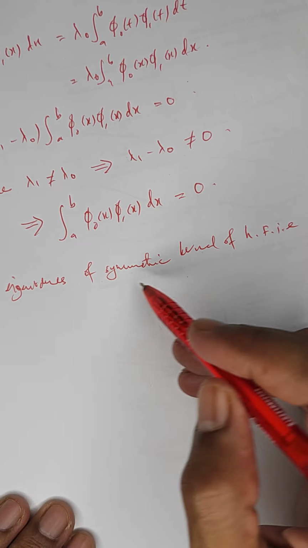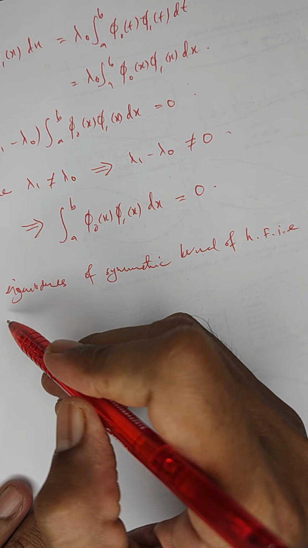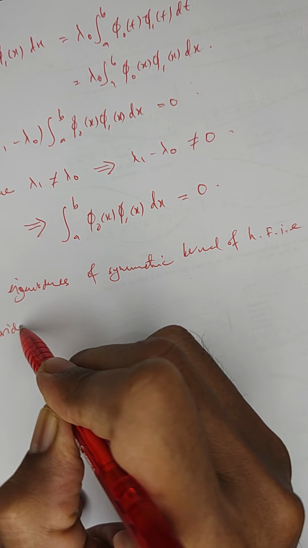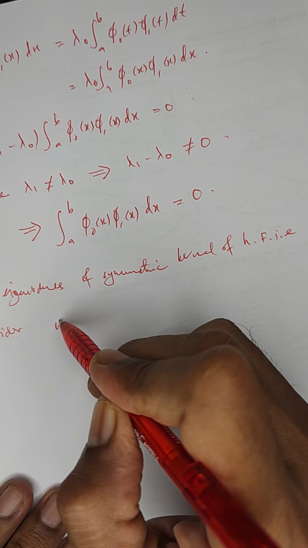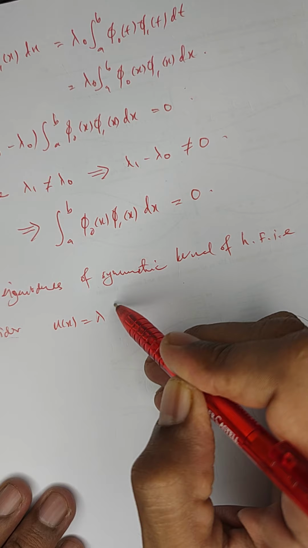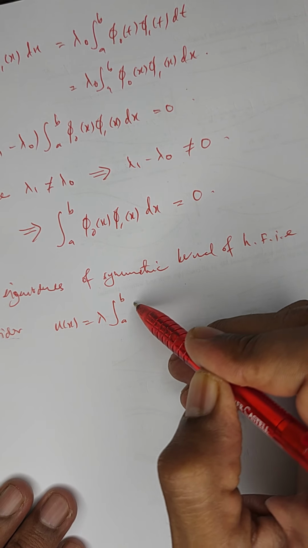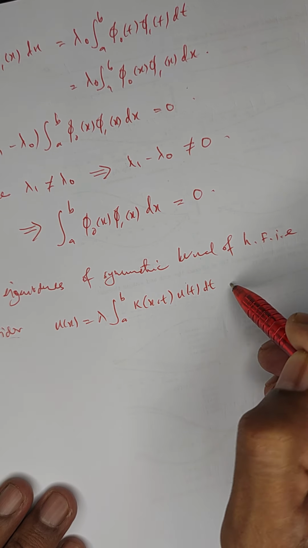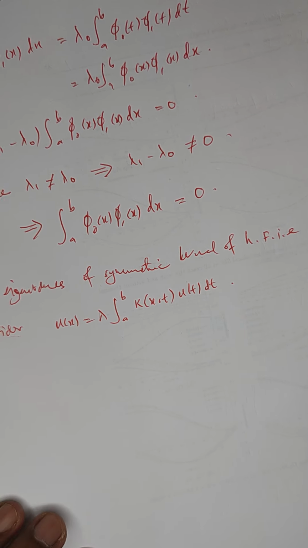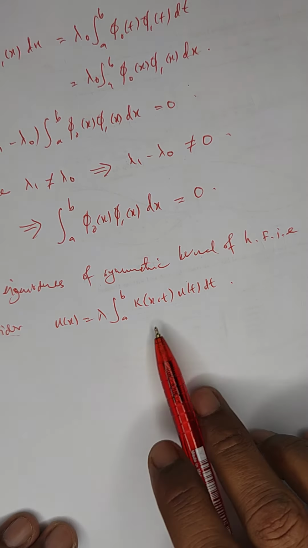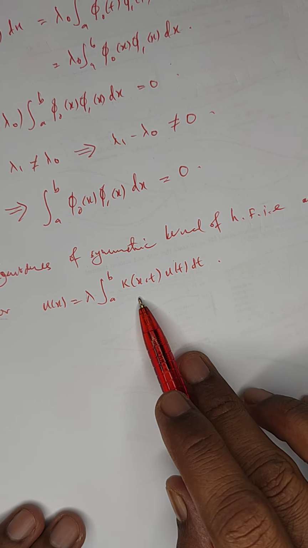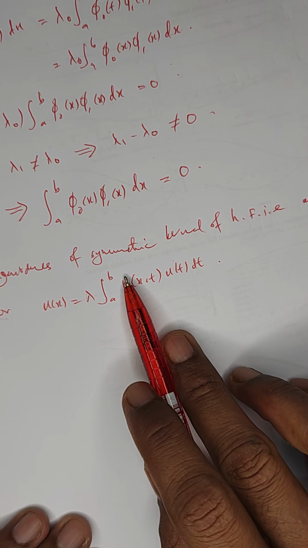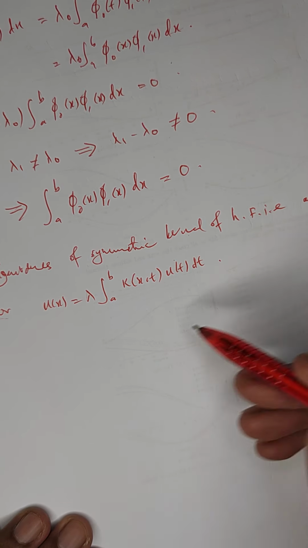So we consider the homogeneous Fredholm integral equation: u(x) equals lambda times the integral from a to b of k(x,t) u(t) dt. And we suppose that this equation, the homogeneous Fredholm integral equation, has a complex eigenvalue.